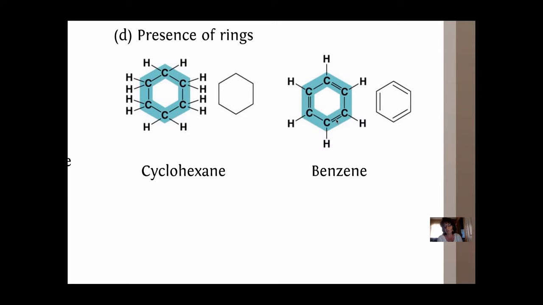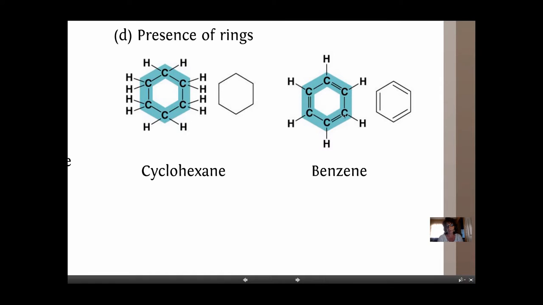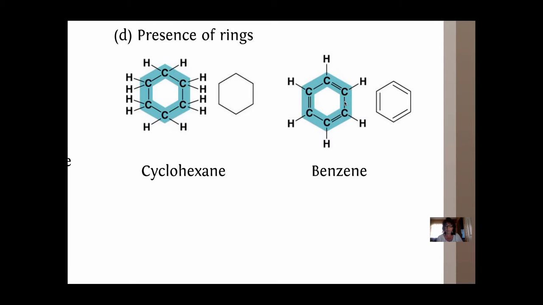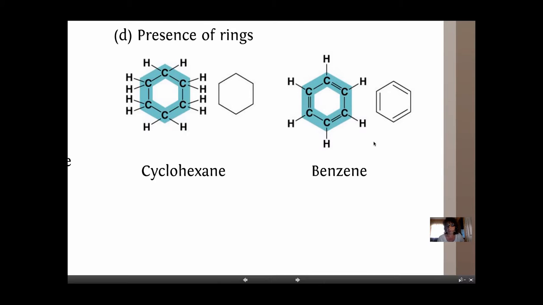They're actually moving between the carbons, and this single bond can flip with this double bond and vice versa, and they're always kind of moving around. There's actually not a static double or single bond here. And our molecules will use this property when we talk about photosynthesis. It's one of the ways that light energy gets captured.